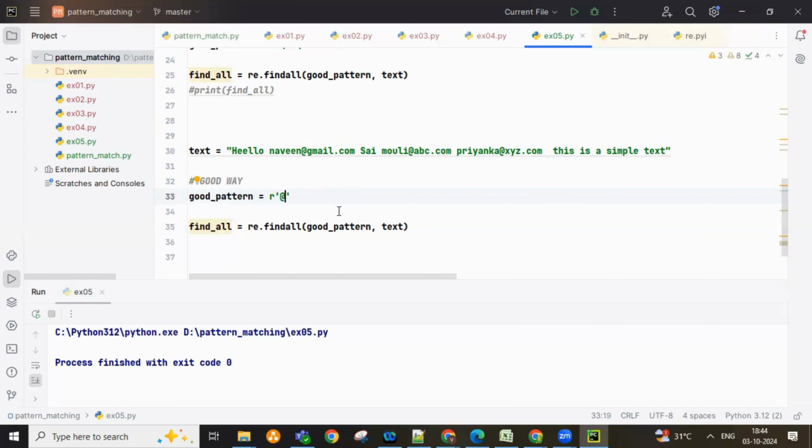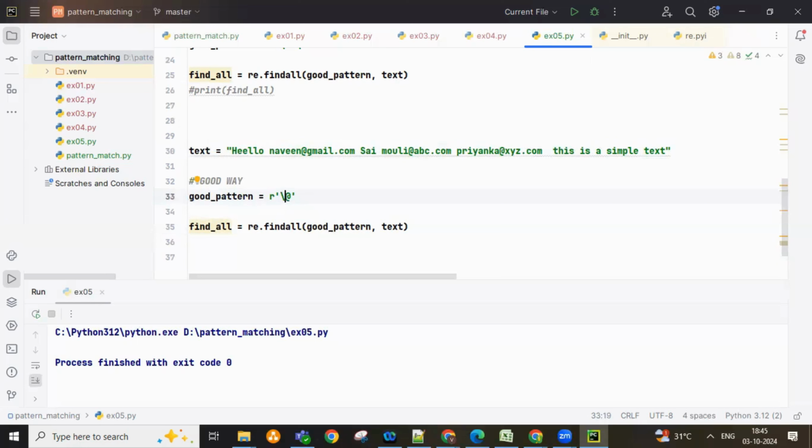Now see, understood how I am constructing the pattern. So @ is the primary thing. Cool. And before it, what do I need to match? I need to match with the words, correct? It can be a number, it can be a word. So what is it?